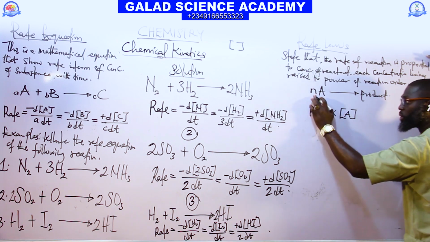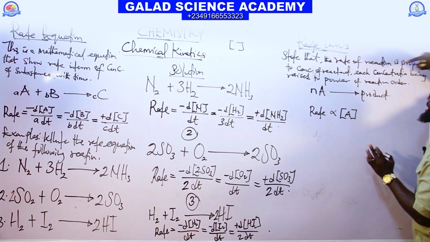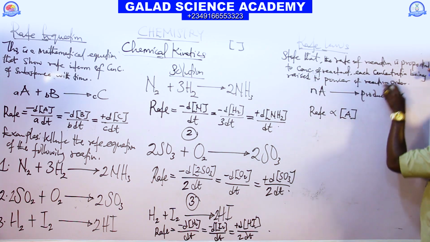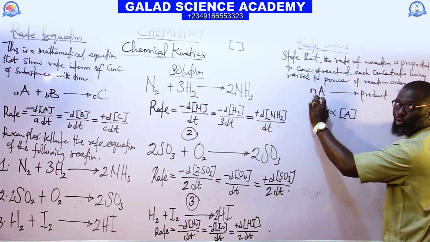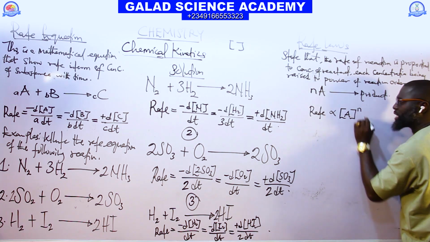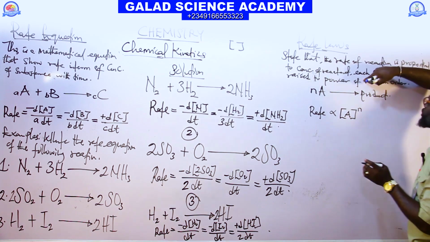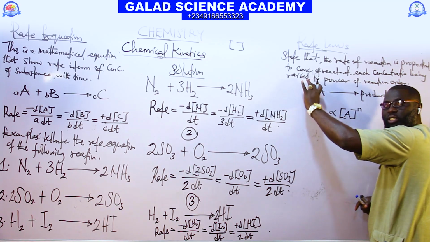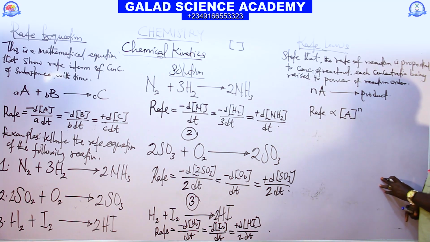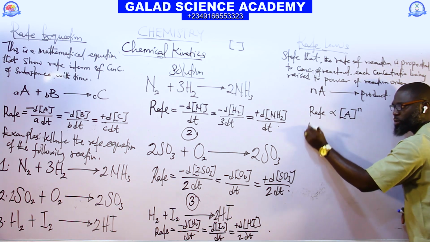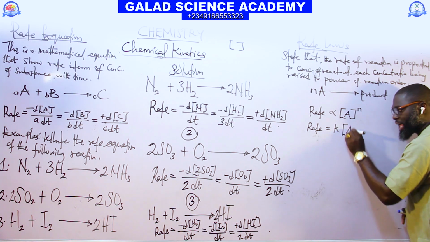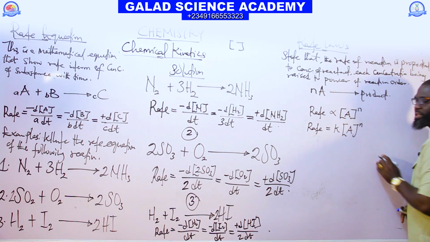This n is the mole. And each concentration is being raised to the power of reaction order, or mole. The n you have here, you now put it here, being raised to the power of reaction order, which is the number of moles you have. Remove the proportional symbol, you have rate equal to k[A]^n.